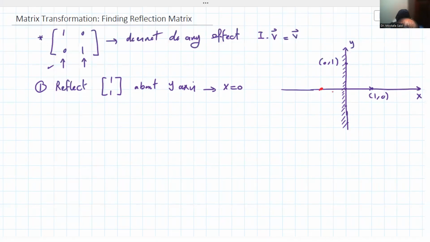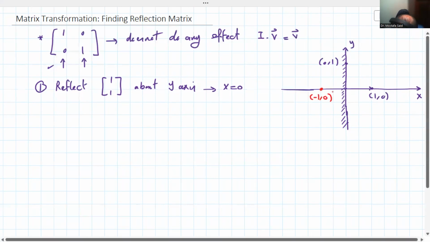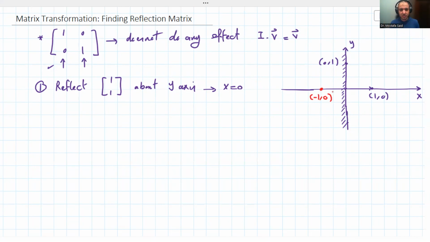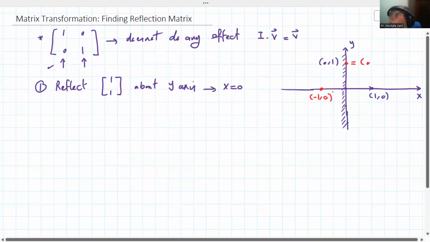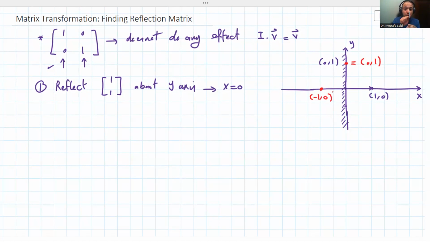The 1, 0 will be here at -1, 0. It's a reflection, like a mirror. A point here will be reflected here at the same distance, but the coordinate will be -1. And of course the 0, 1 point will be the same. It is on the mirror itself, so it is 0 distance from the mirror, and its reflection will also be 0 distance from the mirror.